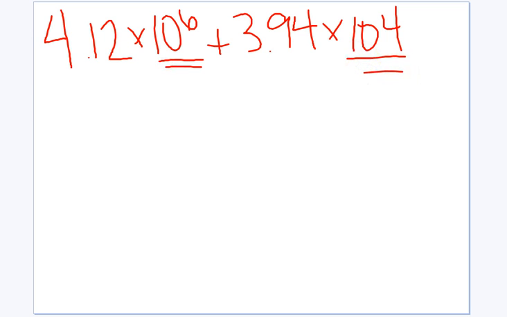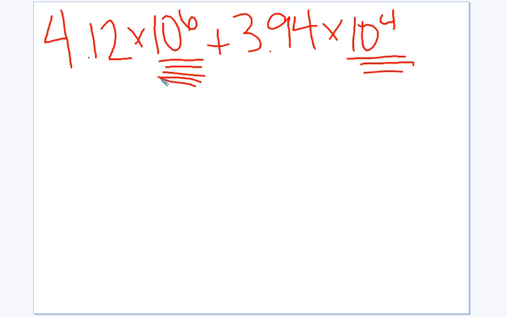That doesn't really look like 2 to the 4th, does it? Let's fix that. There we go. I'd have to change it so that the exponents were the same. Now you can change this one to be 10 to the 4th, or you can change this one to be 10 to the 6th. It doesn't make a difference, but I'm just going to change this one to be 10 to the 4th, just to make a decision.